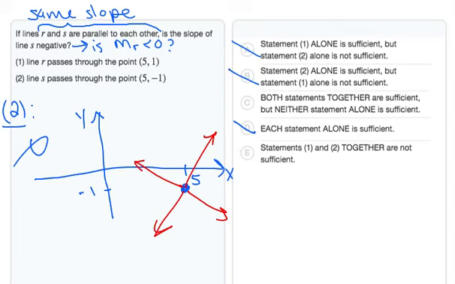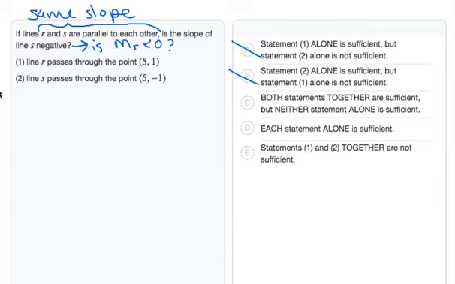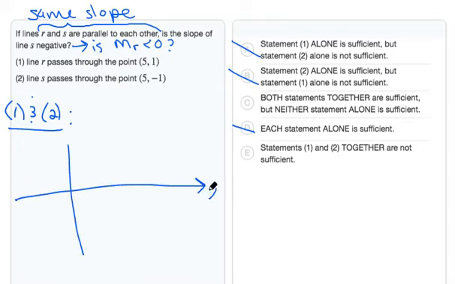Now we'll have to consider the statements together. Since we're not able to find an answer with them independently, we need to consider both statements together, statement 1 and statement 2. Thinking about our graph and remembering what our statements told us, now joining them together, we have our (5, -1) point, then we also have our (5, 1) point.